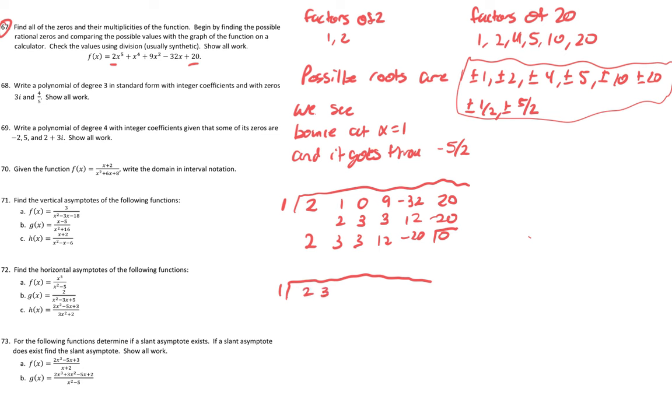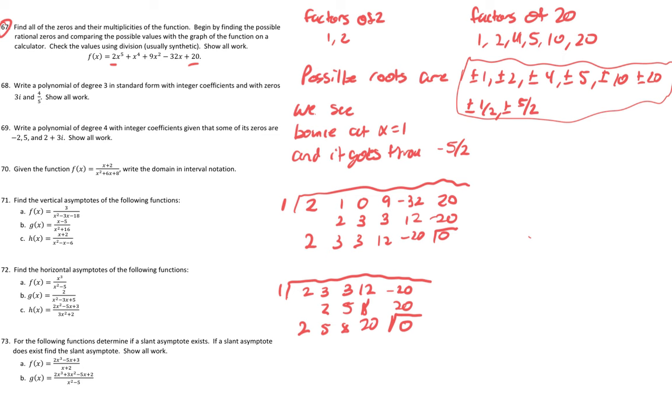So now we'll do this again. So 2, 2, 5, 5, 8, 8, 20, 20. Look at that, we still get a 0 yet again.